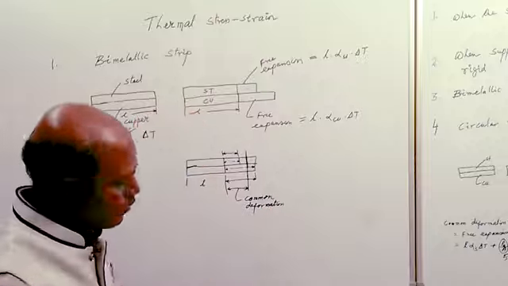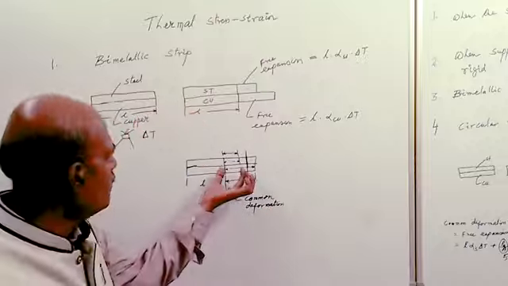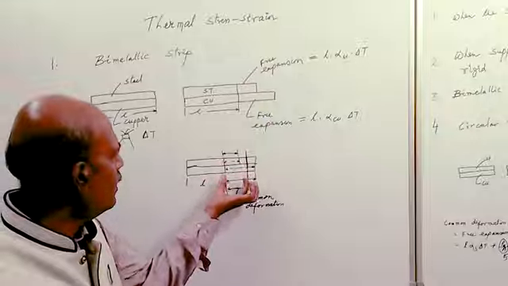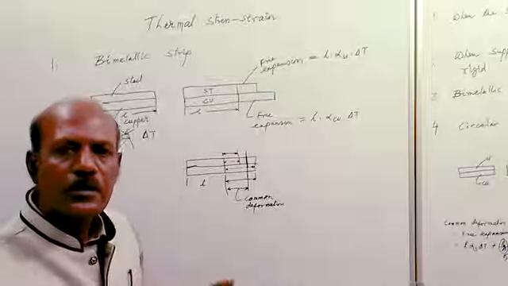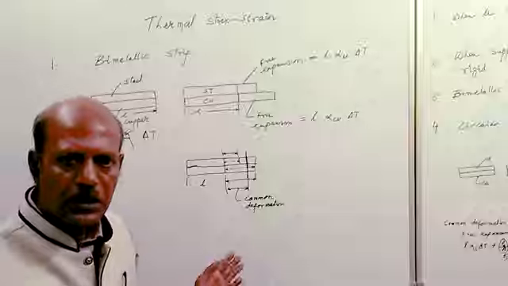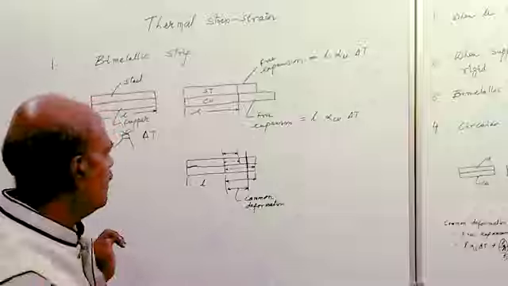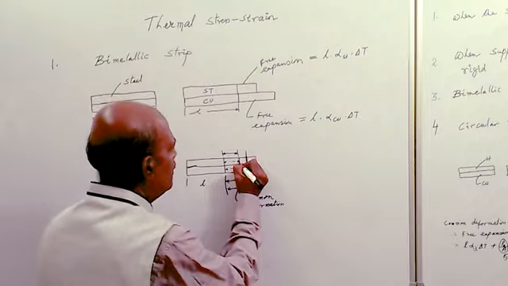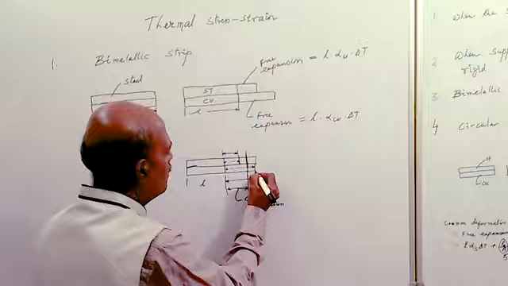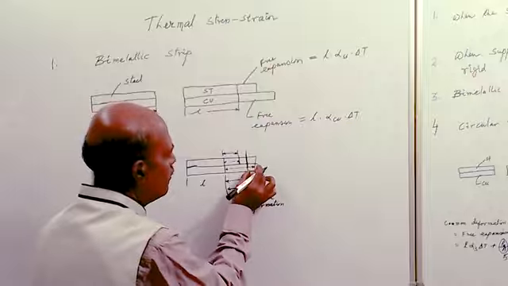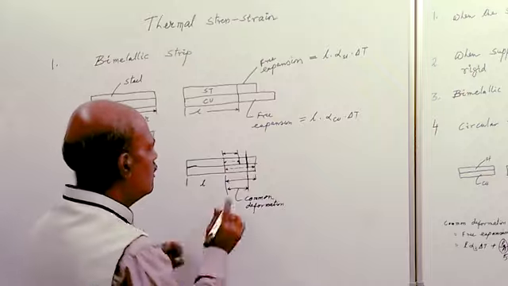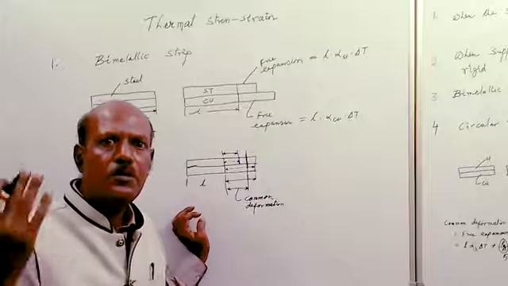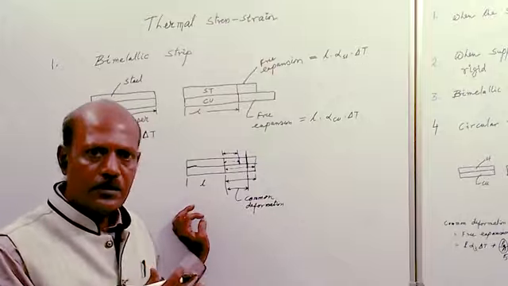What is the value of this common deformation? The common deformation on the steel bar as well as the copper bar will be the same. Due to this, the steel bar will expand by this amount and the copper bar will be compressed by this amount. Because of this, a force is developed in the bars.